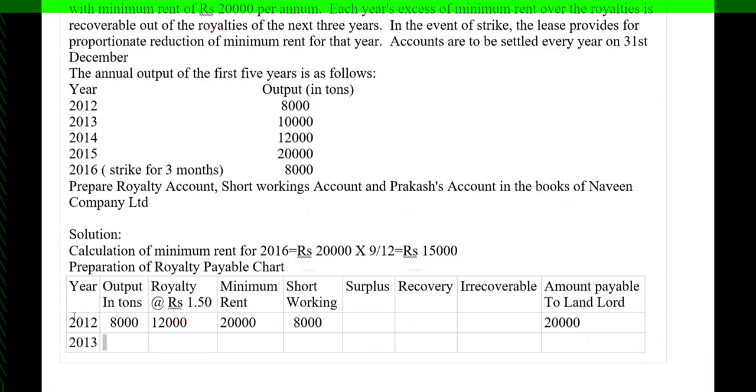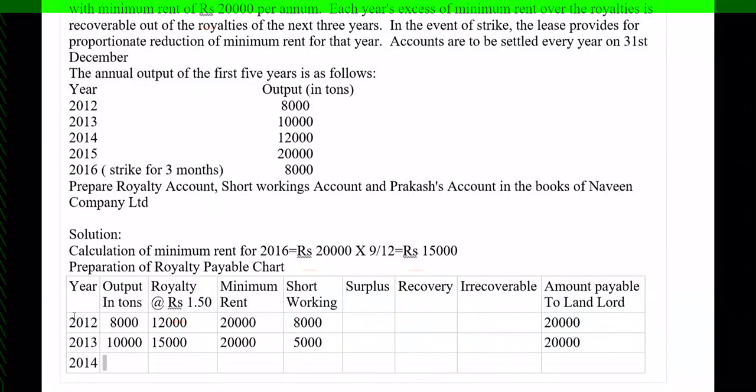And then 2013, the output here is 10,000. So the royalty payable will be 15,000. Minimum rent is 20,000. So here again the short working will be rupees 5,000. The amount payable will be 20,000.